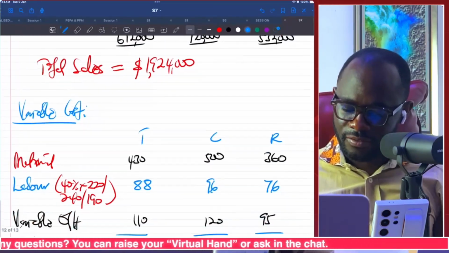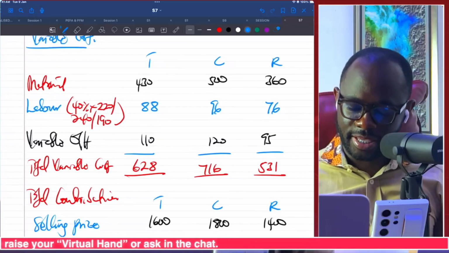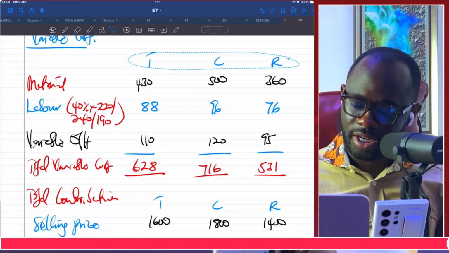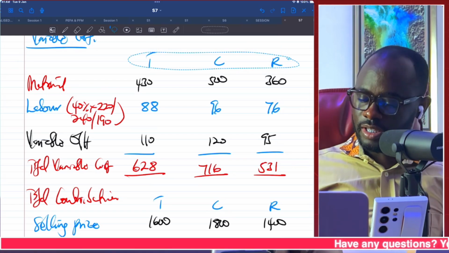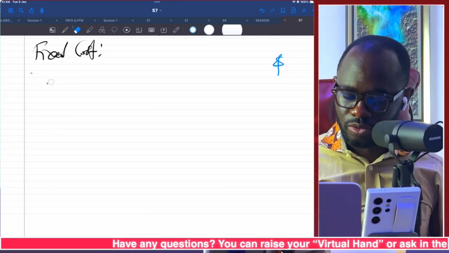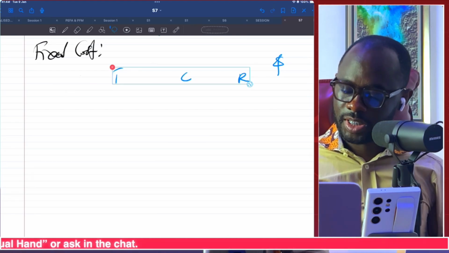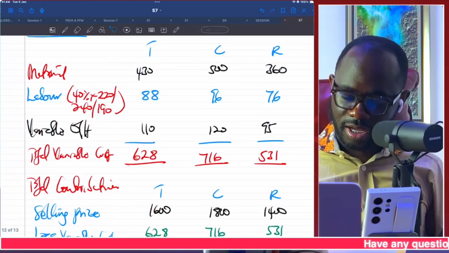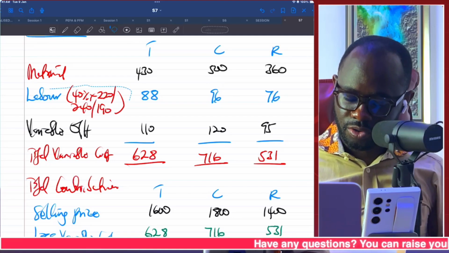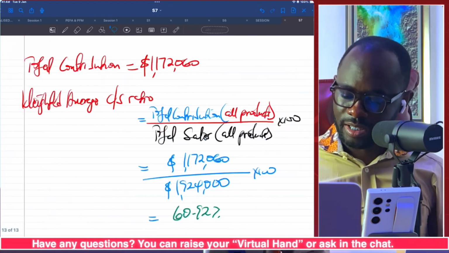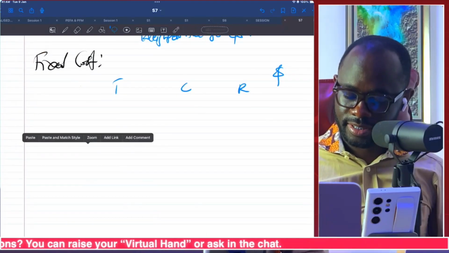So let's see if I can do some magic here. Give me a moment. Let me pick the product like this and bring it into my slide. Then I will pick the labor issue here. The same thing, but this time around we'll do 60%.